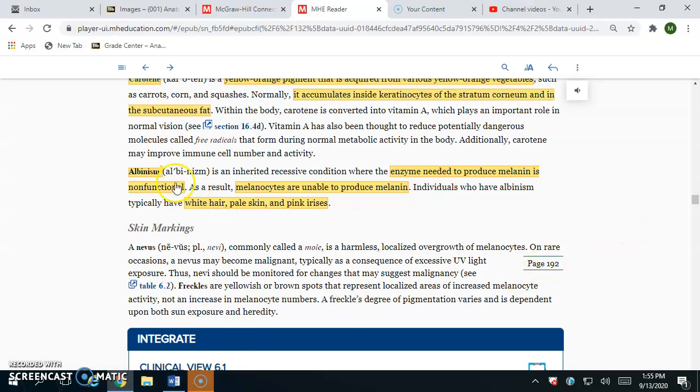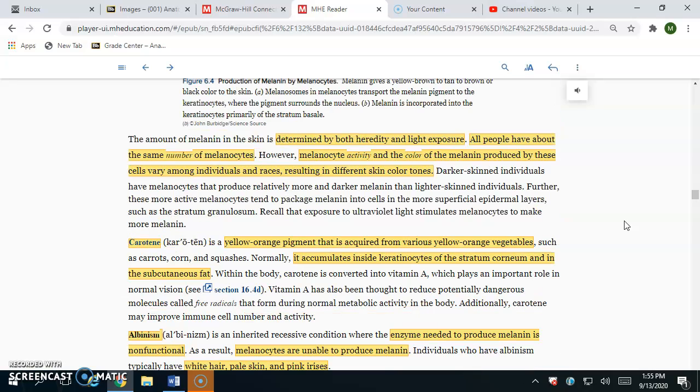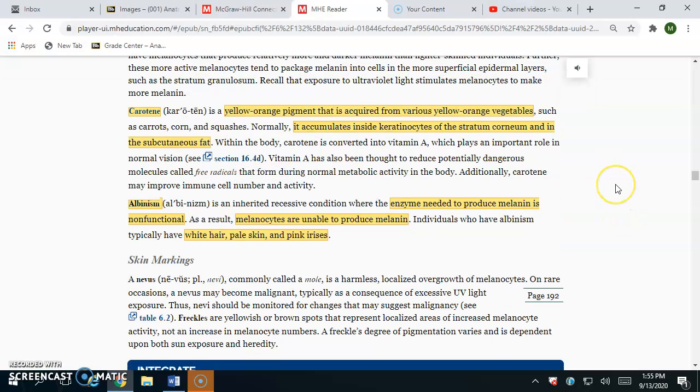The first one, albinism, we talk about when we talk about melanin pigment and how it influences skin color. The reason we talk about albinism is because it is due to the absence of melanin. A person that has albinism inherited a gene from their parents that is not correct.